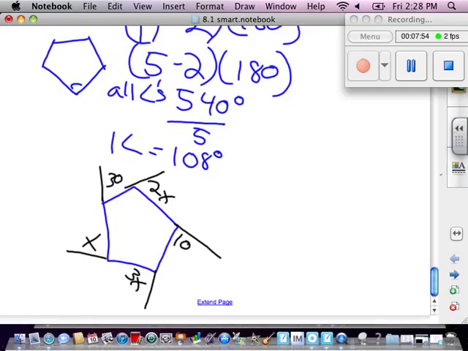Okay, look on the front of your paper again. Are these internal or external angles? External. External angles of any polygon add up to be? It says right on the front. 360.